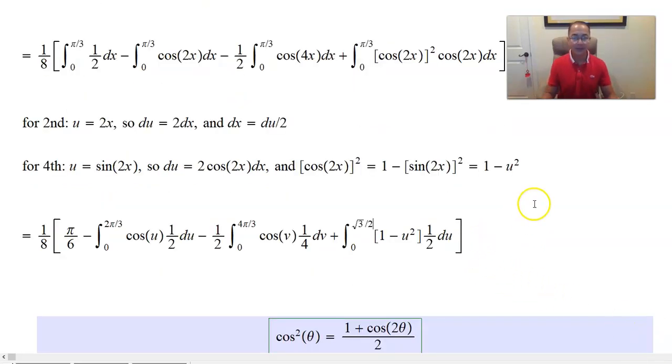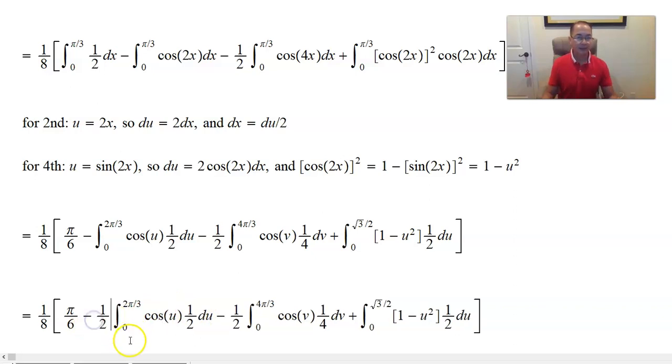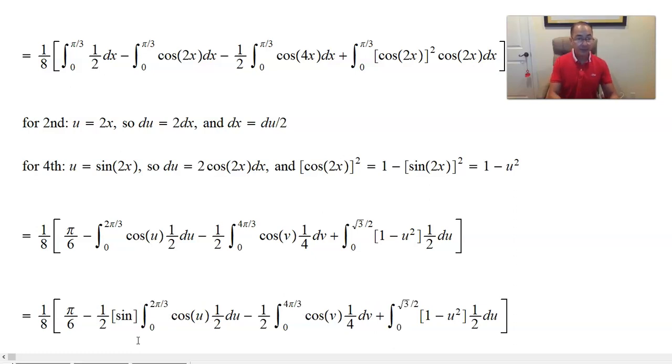Okay, so we are now ready to integrate second, third, and fourth terms. Okay, you have 1/2 on the outside. Integral of cosine is sine, so we have sine of 2u. Let's bracket that, sine of 2u.